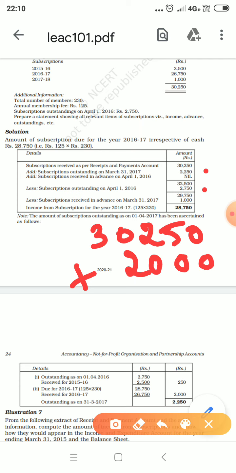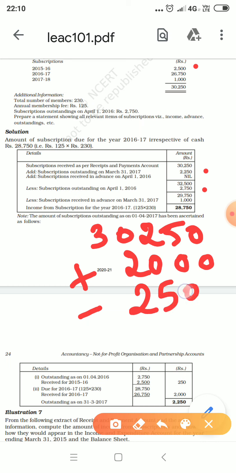My formula states we have to add that subscription which is outstanding for current year, which we have to receive in the current year, but we did not receive. So I am adding 2,000. Then what do we have to subtract? That subscription which was outstanding in the previous year, but which we received during the current year. So that is 2,500.